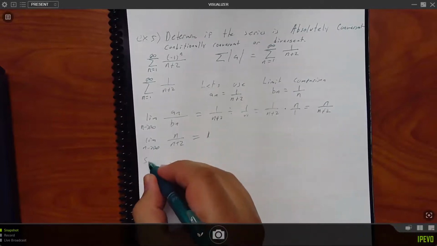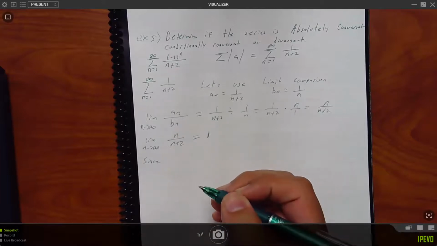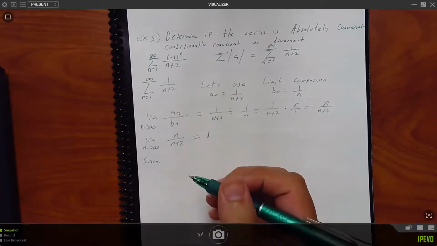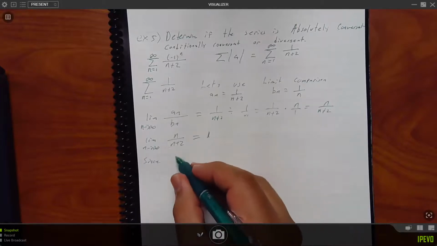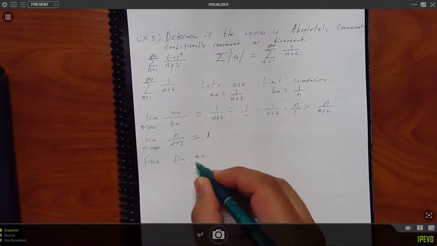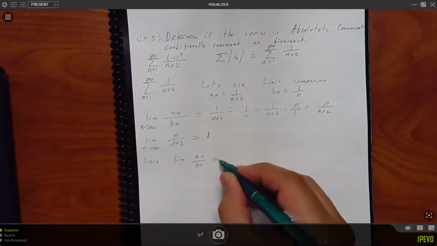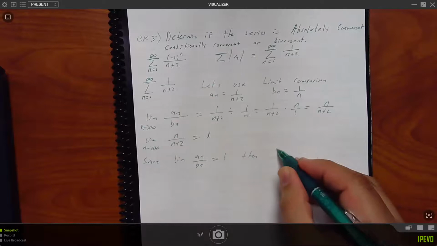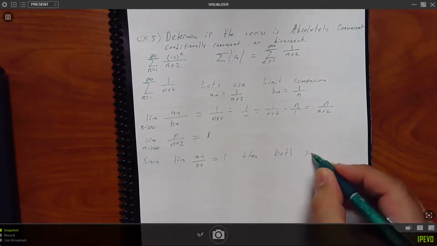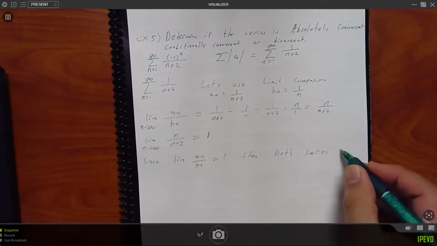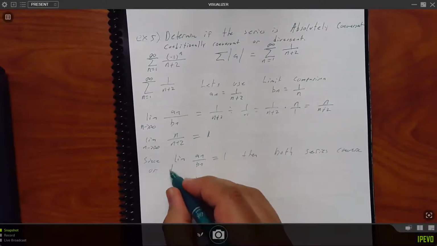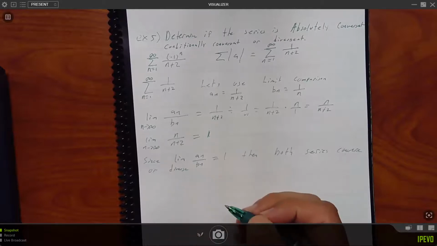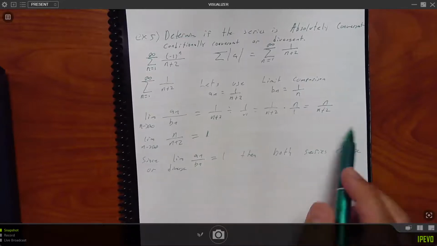So since the limit of a sub n over b sub n is equal to 1, then both series converge or diverge. That was a requirement of the limit comparison test, right? And we need to know what one of them does.